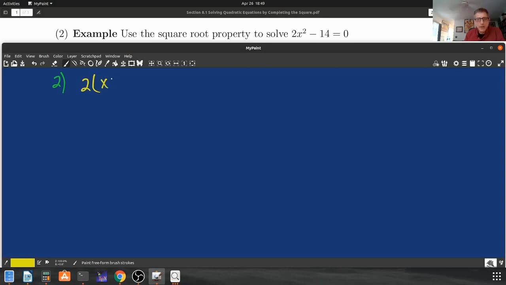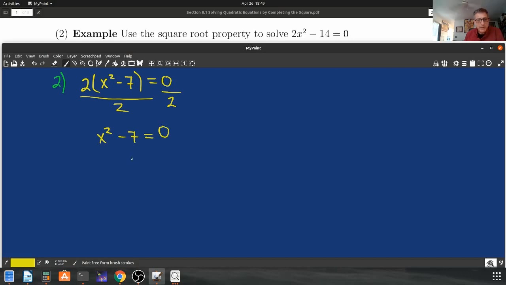That's x squared minus 7 is equal to 0. But I can divide both sides through by 2. When I divide both sides through by 2, on the left-hand side I get x squared minus 7. 0 divided by 2 is equal to 0.